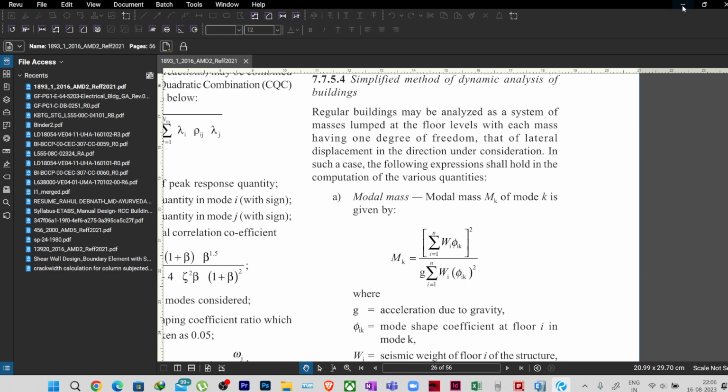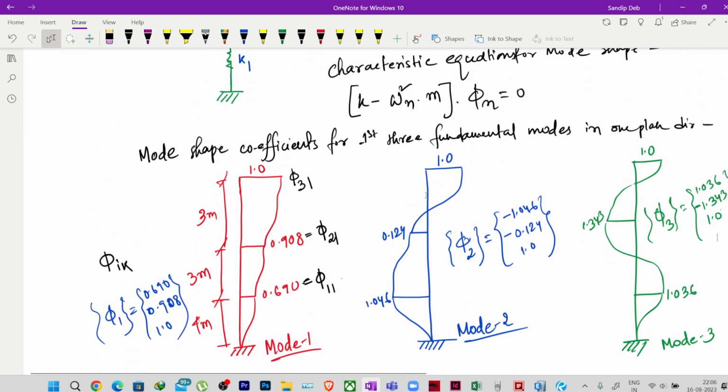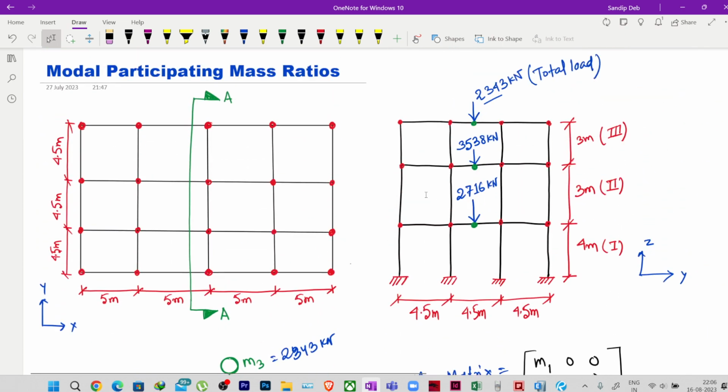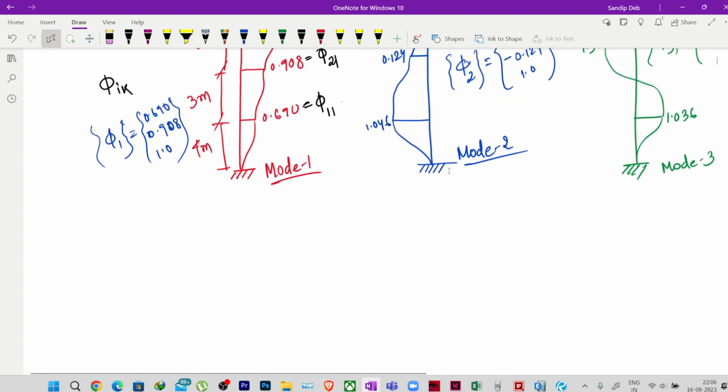Wi, the weight of each floor level, I know for each floor.